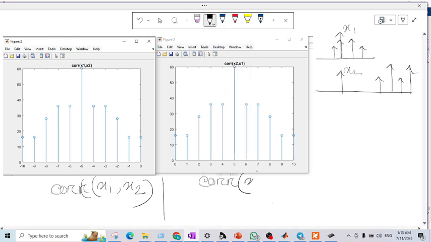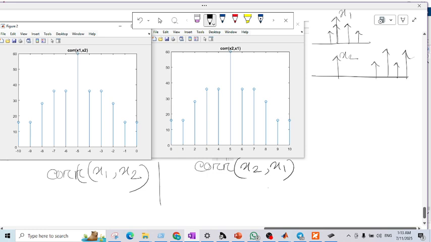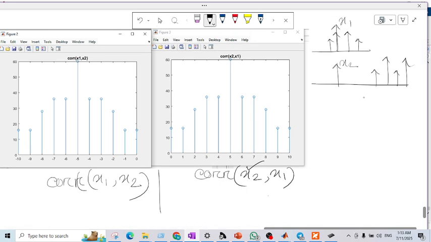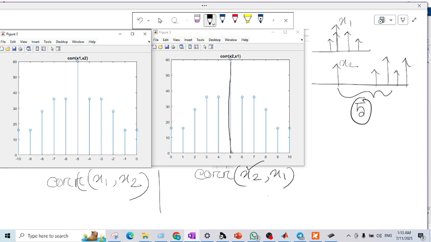When you take x2 comma x1, then it means that it assumes that x2 is advanced, and x1 is delayed, and you see that x2 is advanced by 5 units, so it gives you a pulse at 5.